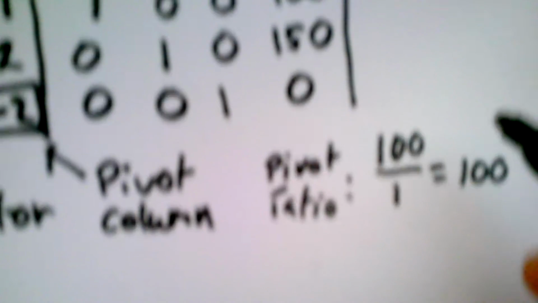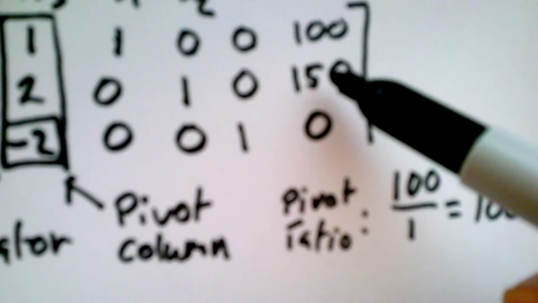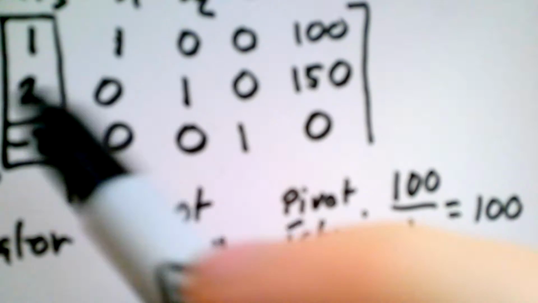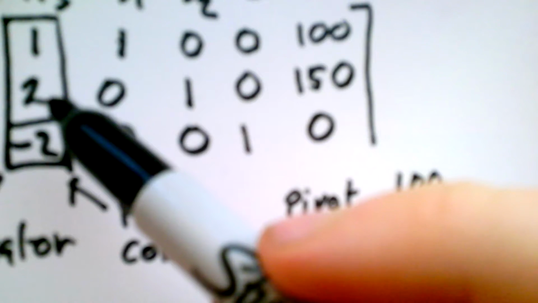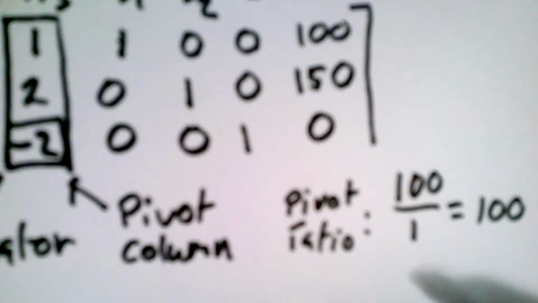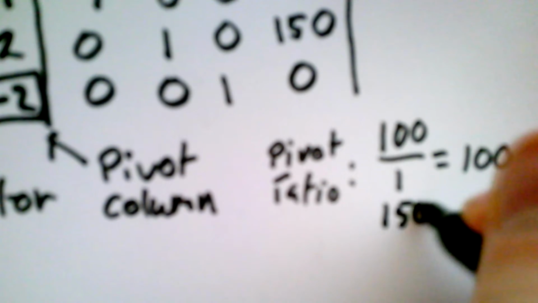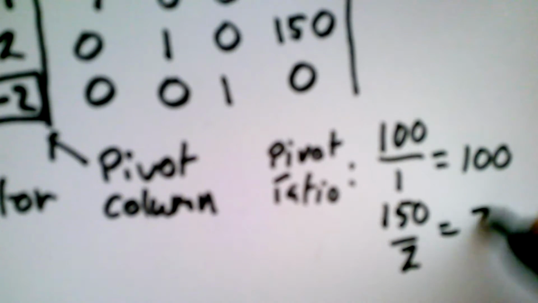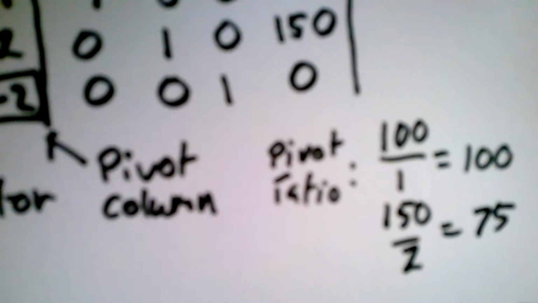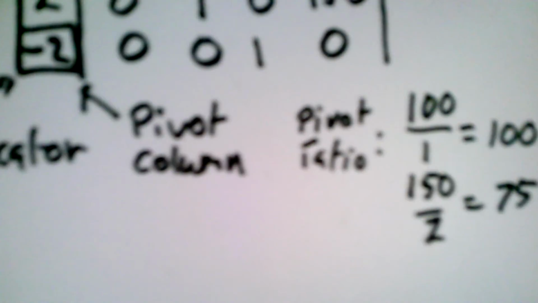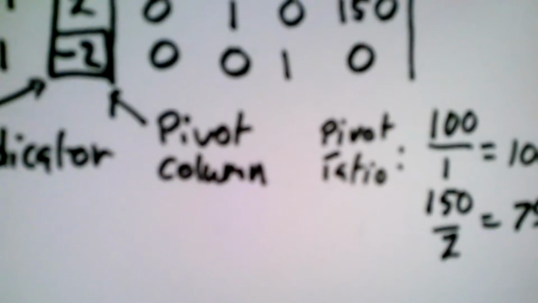Our other pivot ratio is the constant column entry, which is 150, divided by our pivot column entry in the same row, 150/2, which is equal to 75. Once we find all of our pivot ratios, we look at the one that is smallest but positive.